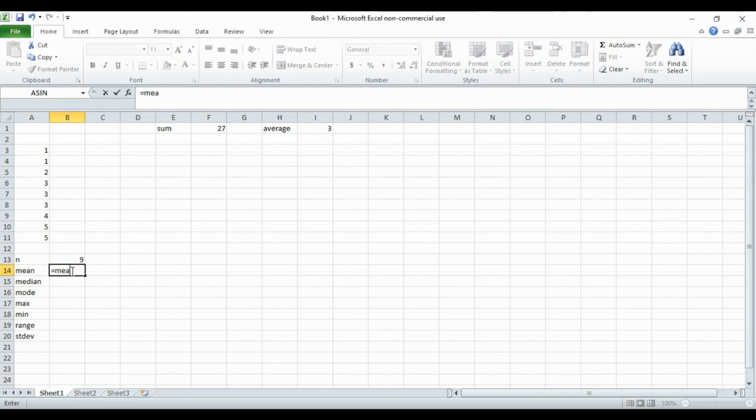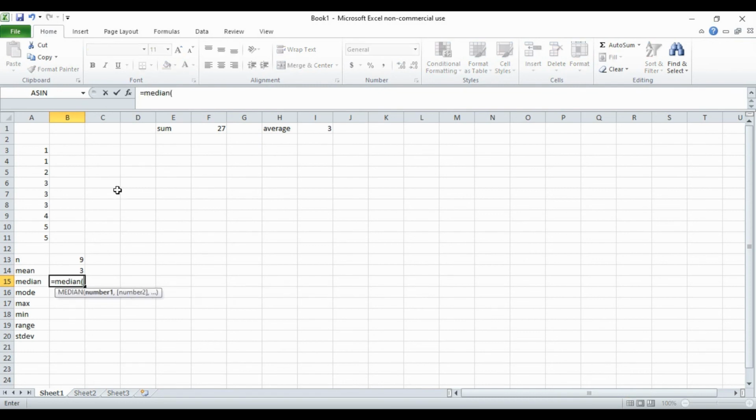There is also an average function, which gives us the same number.